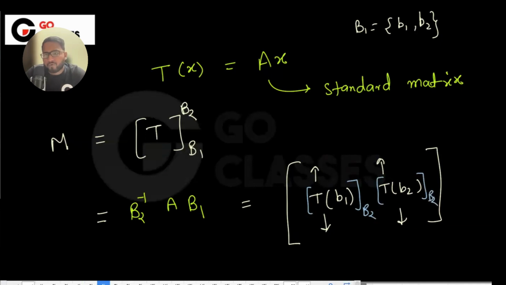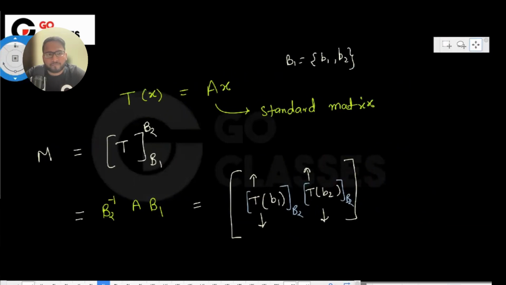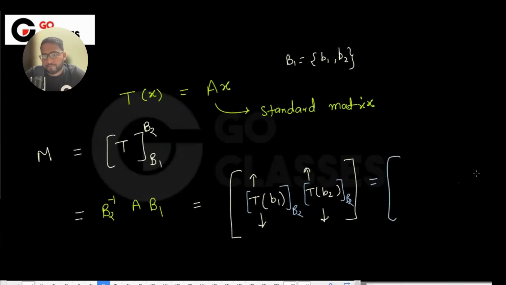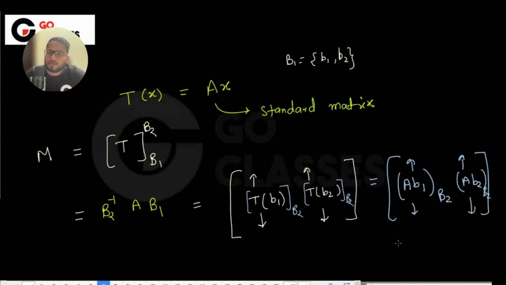Or if you want, you can write it something like this, which is the same as T of B1, which is nothing but A B1, right? A B1 with respect to B2, and then A B2 with respect to B2, right? Let me know if that is fine. Is this okay to everyone?